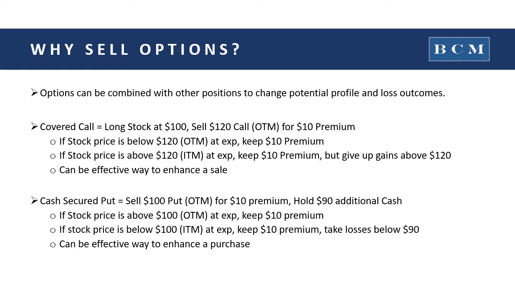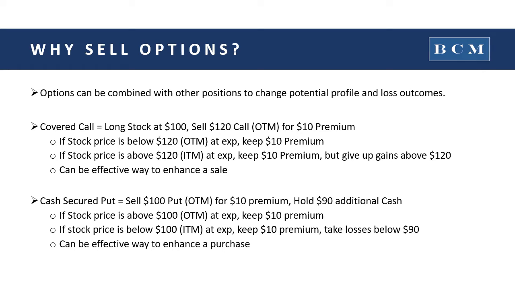So let's think about how this covered call position would play out. So we're long the stock at $100. Let's assume that when the option expires, a few weeks out, the stock price is trading at $105. Well, what's going to happen is that call that we sold, the call we sold with a $120 strike, it's going to be worthless now because no one's going to want to use the call to buy stock at 120 when the stock is only trading at 105.